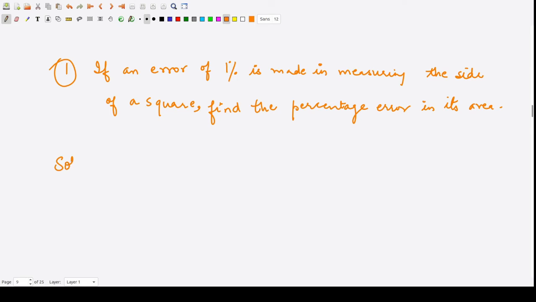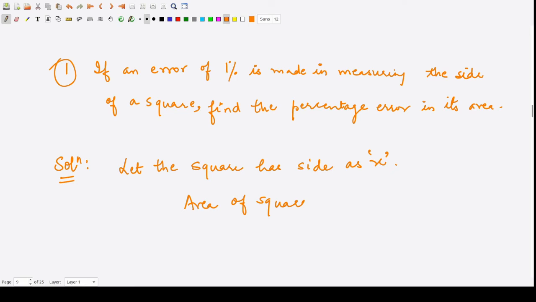Let the square have side x. So this x represents the edge length of the given square. What would be the area of the square? Area of square A would simply be equal to x square.